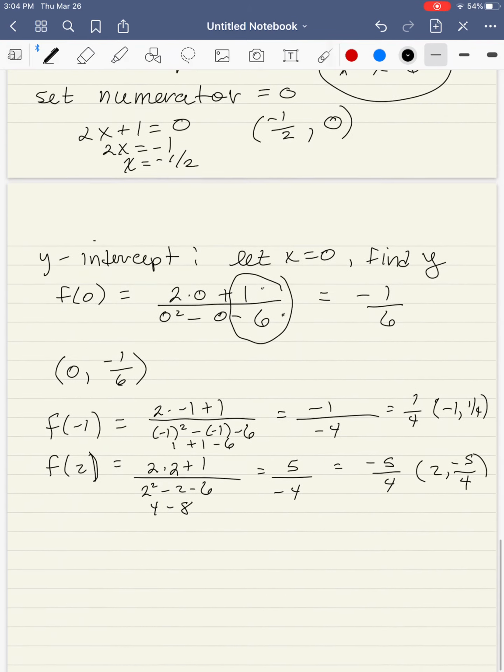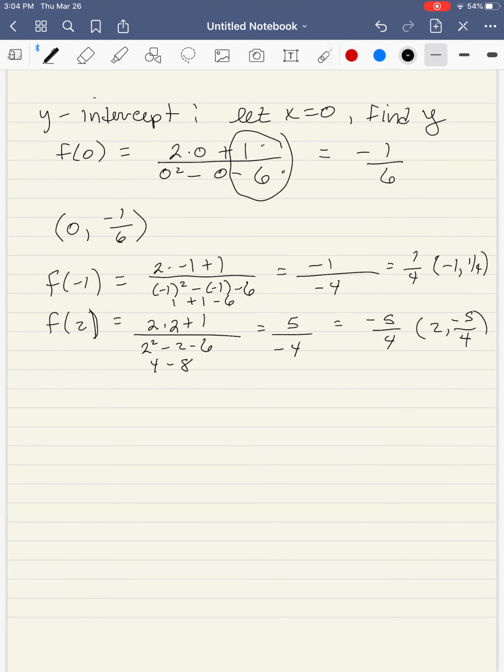All right. What I'd like you to do is look at the function g of x equals 4x minus 8 over x plus 3.